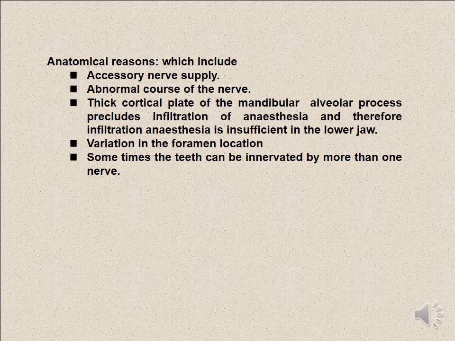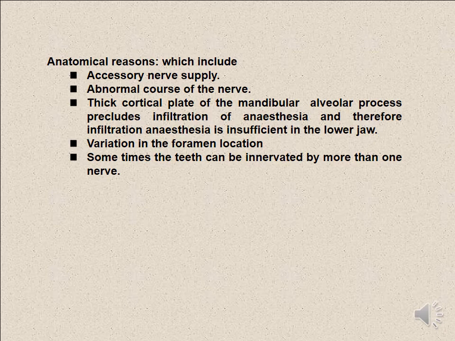The anatomical reasons are the first etiological factor that leads to failure of local anesthesia. What are the anatomical causes of failure? First, accessory nerve supply. There is more than one nerve.